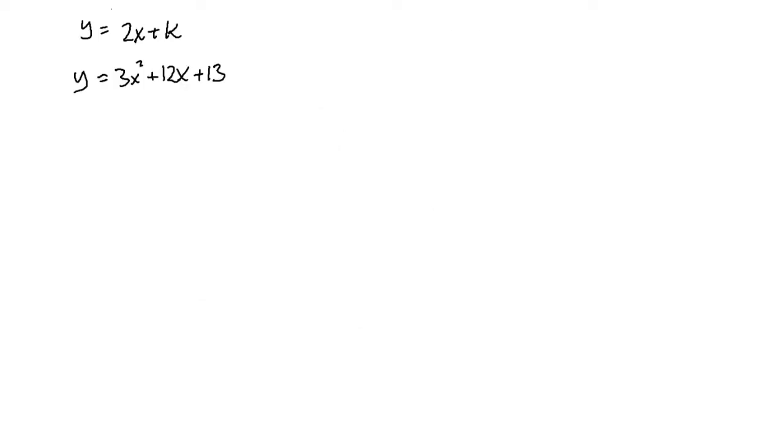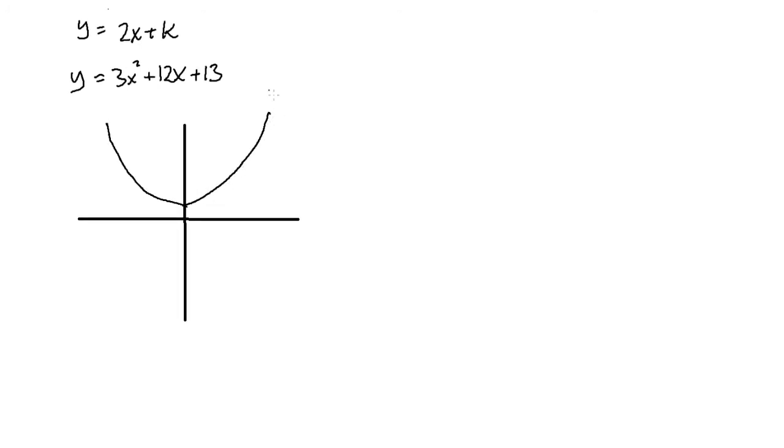Before you start doing anything with this question, you have to understand what you're trying to do. If not, you'll just be very miserable. So first of all, let's decipher the language of this question. You have two equations. One of them is a parabola, 3x squared plus 12x plus 13, so it would look a little bit like this.